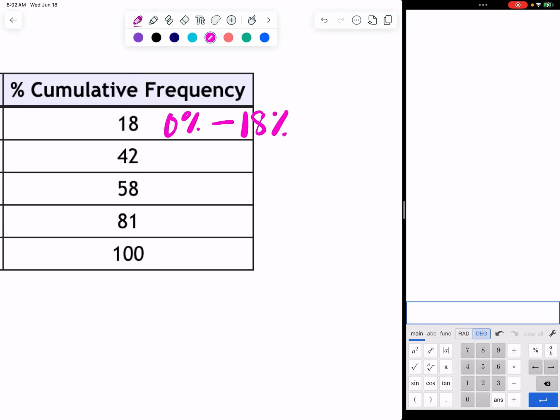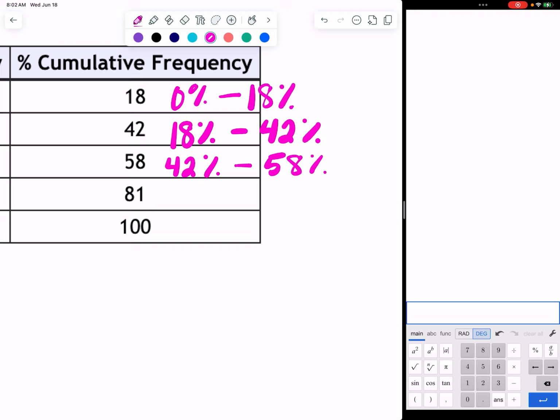Then my second class covers 18% to 42%. My third class starts at 42 and goes to 58%. My fourth class starts at 58 and goes to 81.